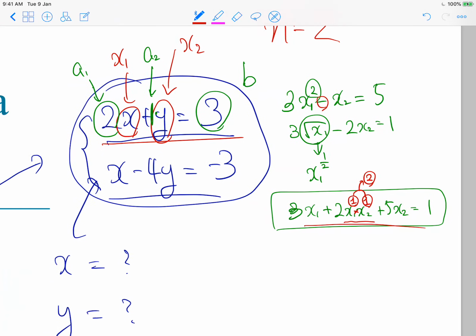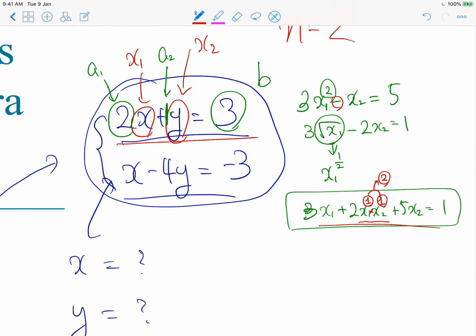Basically, a first order equation is called a linear equation, which means the maximum degree of any variable we have should be at most 1.